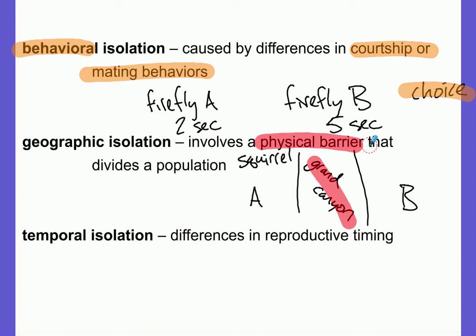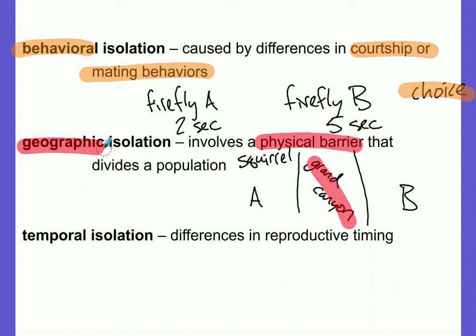But it actually can be very small too. There are certain species that won't cross a road, right? Even having a road, a man-made physical barrier for them, is enough to keep them separate from each other. So it doesn't really matter what the physical barrier is, but as long as it's a physical barrier that's separating populations, then it's going to be geographic.